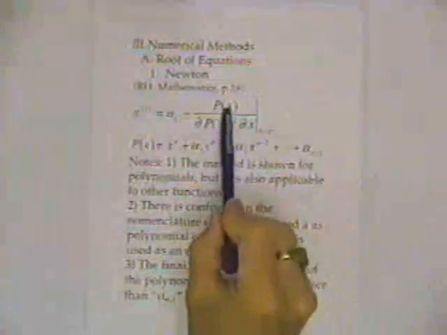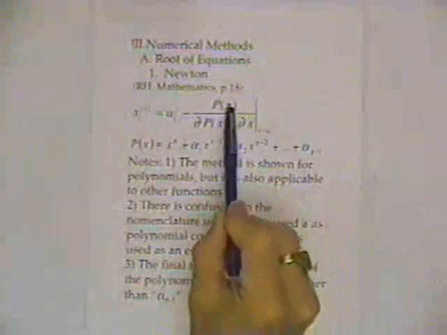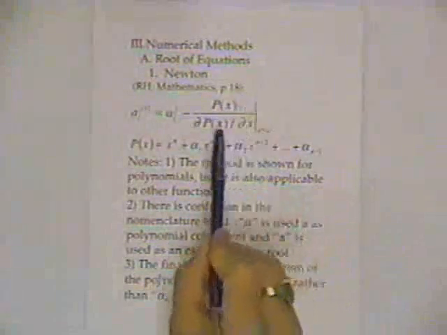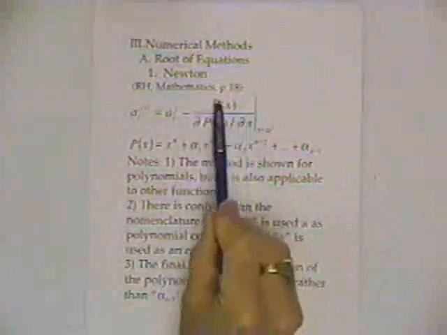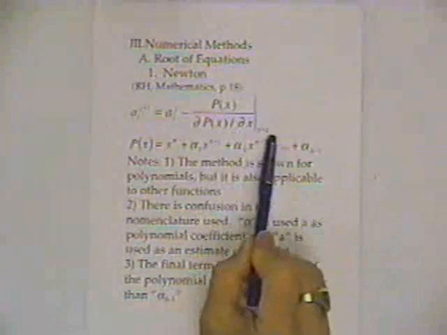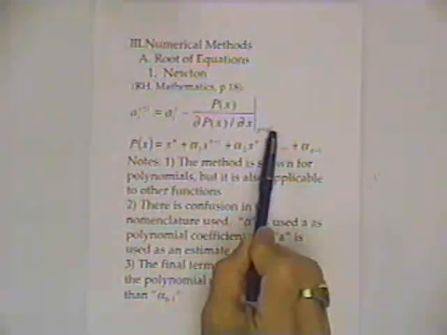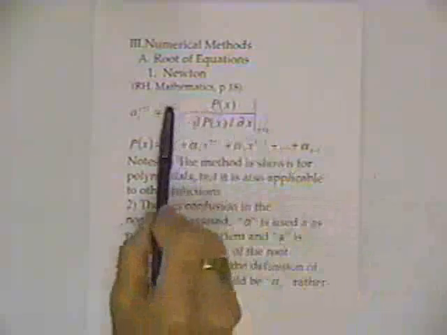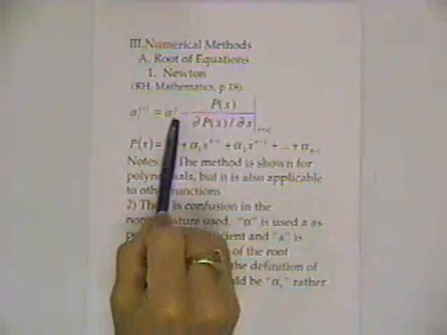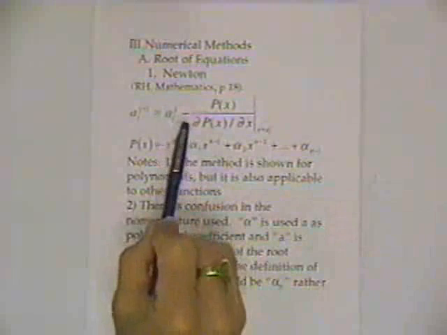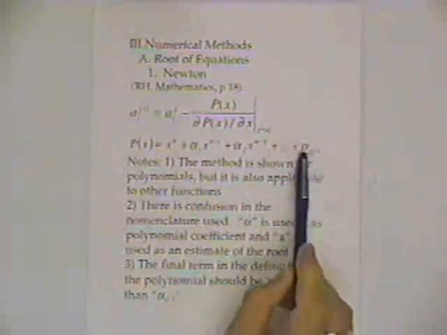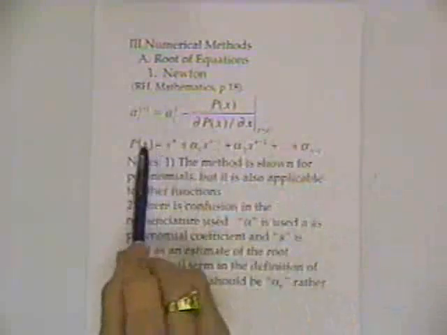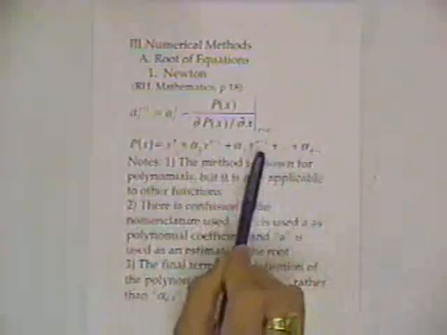So what Newton's method needs is you need to calculate the value of the function for which you're trying to determine the root, the p of x, and you need to be able to calculate the first derivative of that function. Both of those are evaluated at x equal to the jth estimate. In this nomenclature, the subscript i represents which root you're trying to find. In a polynomial, there are several roots, several different values of x that will make that equation p of x equal to 0.